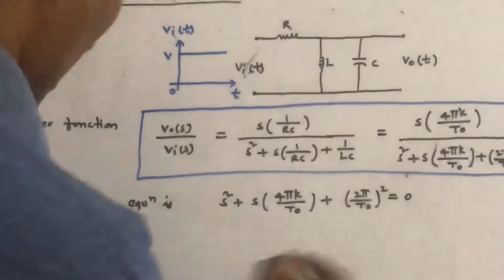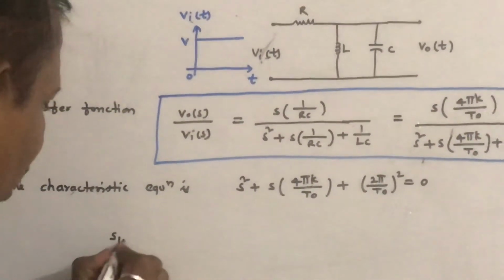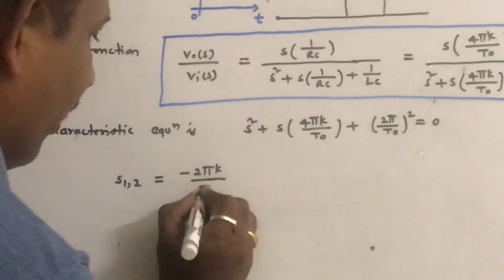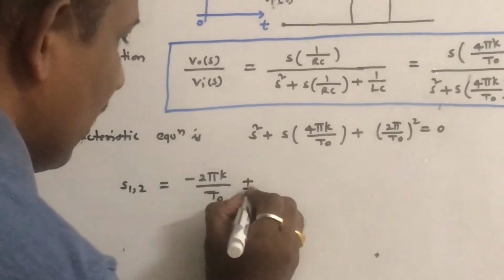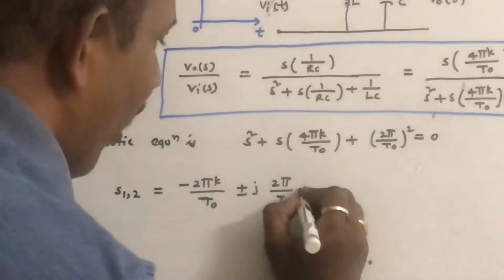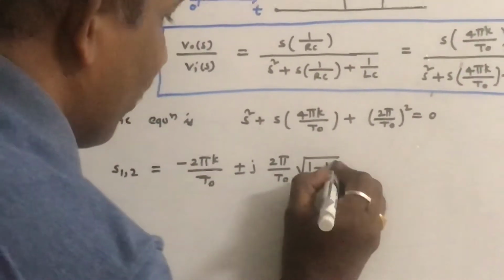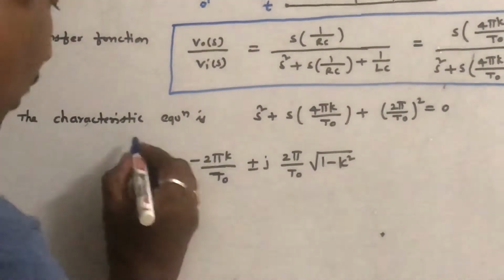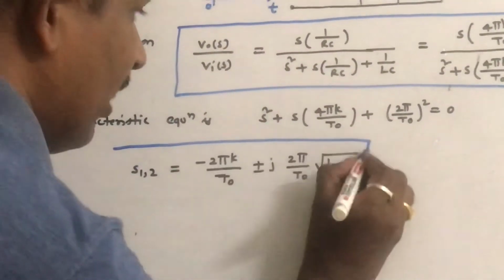So I have derived the roots of this equation. s1,2, finally I am writing the roots which we have derived, is equal to minus 2 pi k by T0 plus or minus j 2 pi by T0 into square root of 1 minus k square. So these are the roots of this characteristic equation.